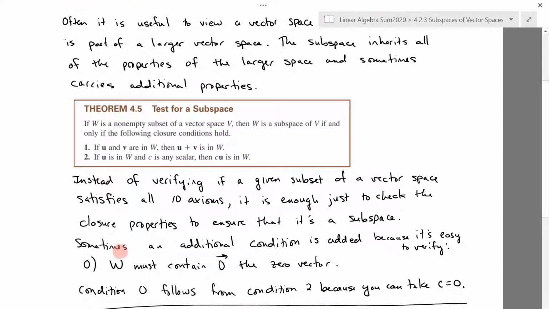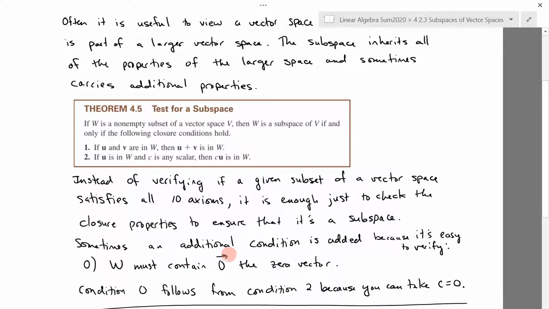Sometimes an additional condition is added to these two because this condition is very easy to verify. So the extra condition is that the subset has to contain the zero vector for it to be a subspace. The reason we add this additional condition is that it's very easy to check if W contains the zero vector.